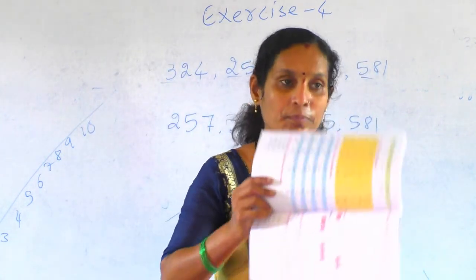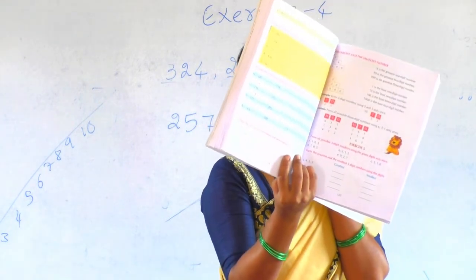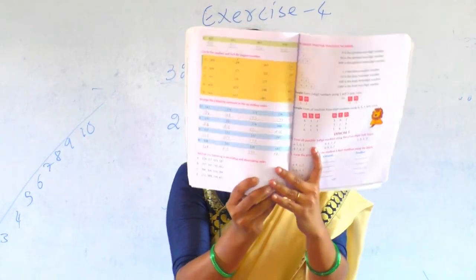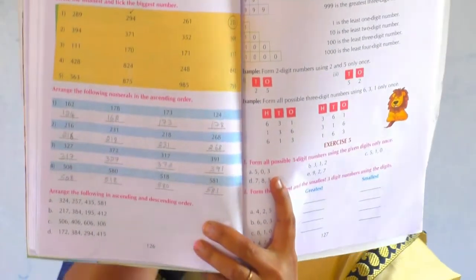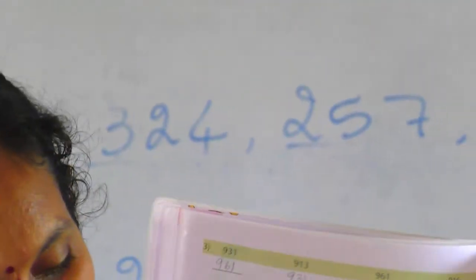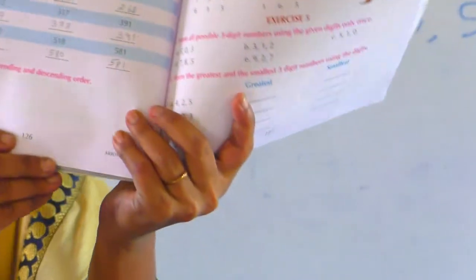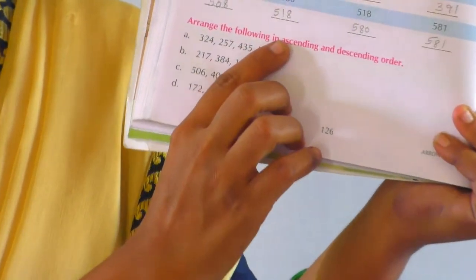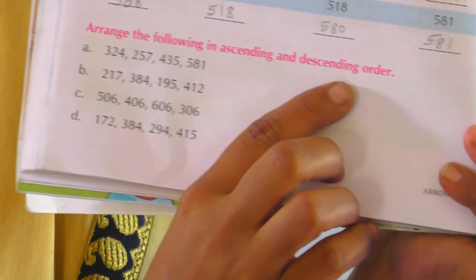Next, this is the last one. See here, page number 126. Last, arrange the following in ascending order and descending order.